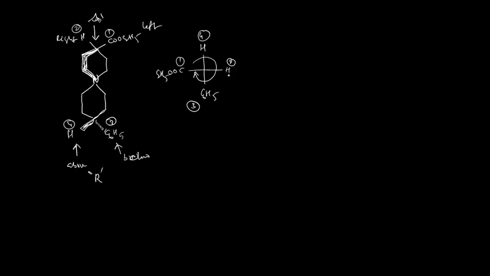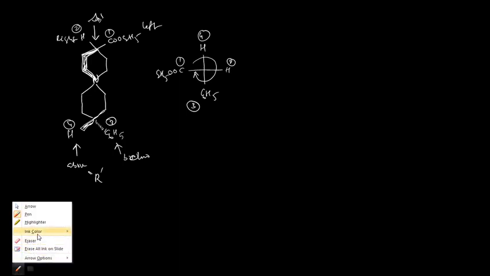For convenience, we are representing on Fischer projection formula. Now it is about spiranes, coming to biphenyls. Biphenyls. Okay, in this case, two phenyl groups joined with sigma bond.